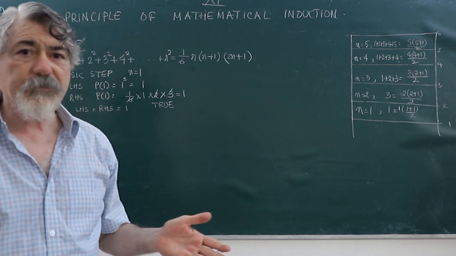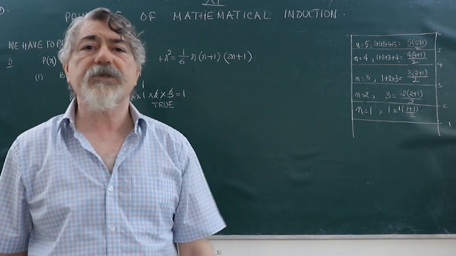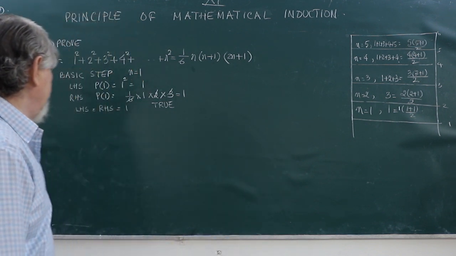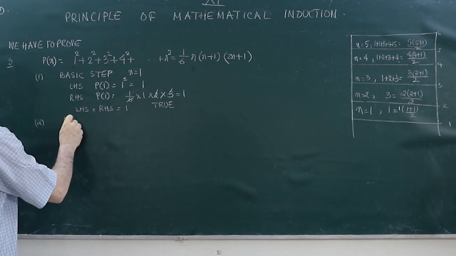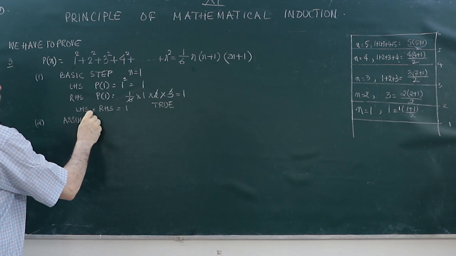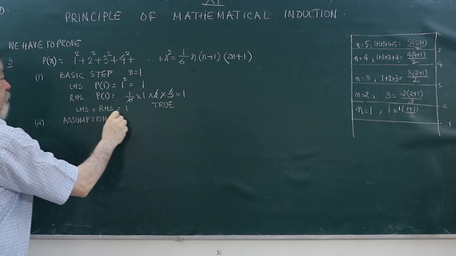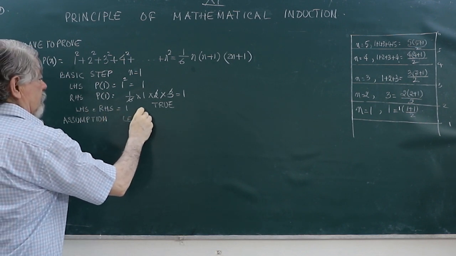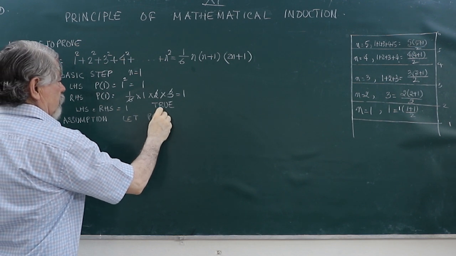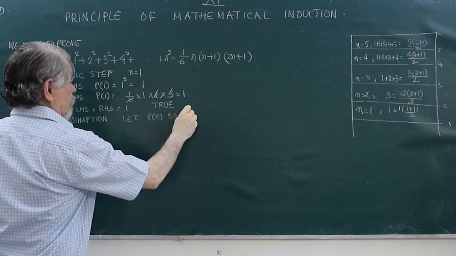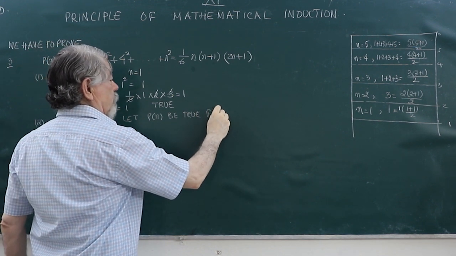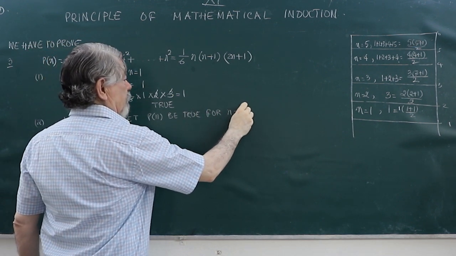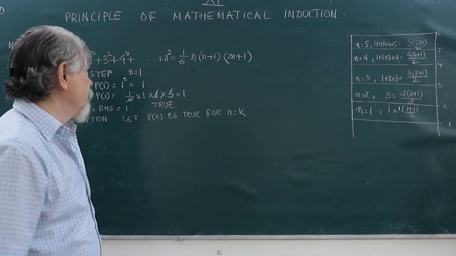Now let us assume that it is true for some value n is equal to k. Assumption step. And what is the assumption? Let Pn be true for n is equal to k. Let's assume it is true for n is equal to k.